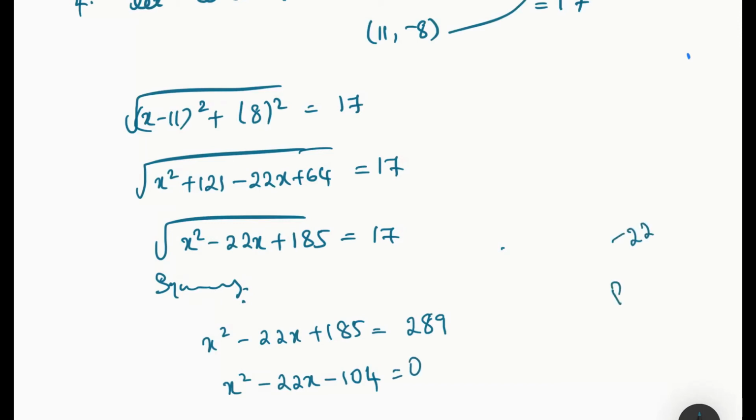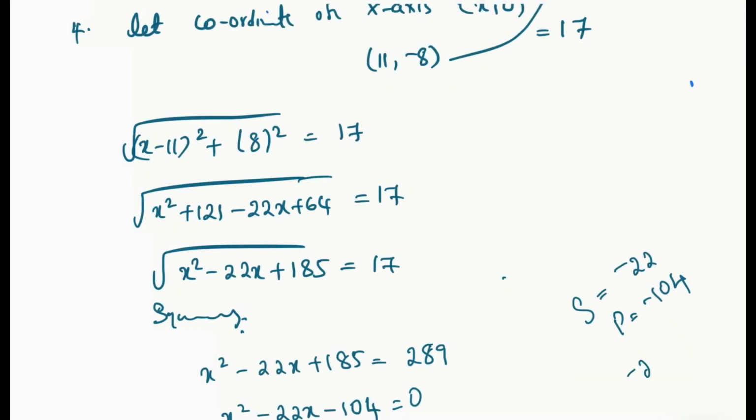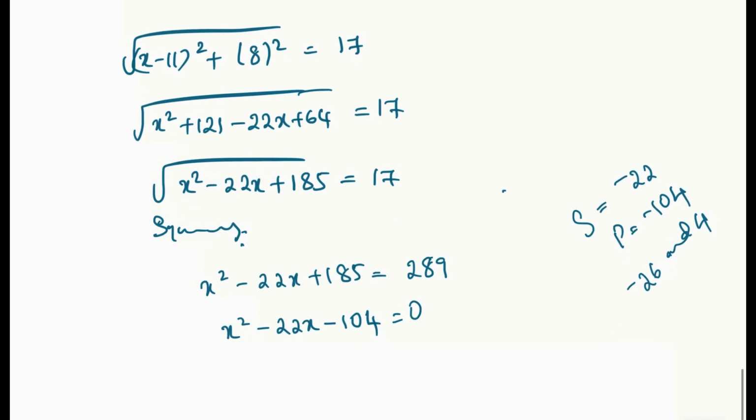So your sum is minus 22 and product is equal to minus 104. What are the two numbers such that the sum is minus 22 and product is minus 104? Let us check. You can take minus 26 and 4. Minus 26 into 4 will give you minus 104 and minus 26 plus 4 will give you minus 22.